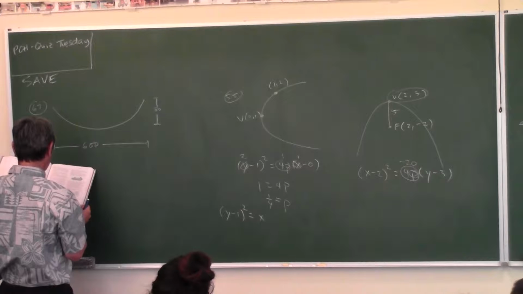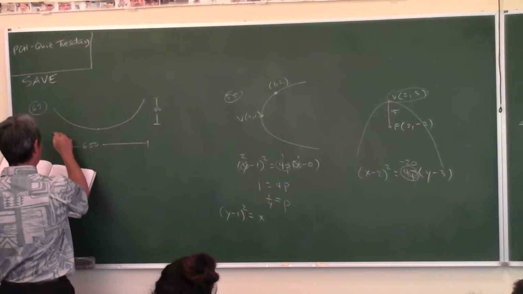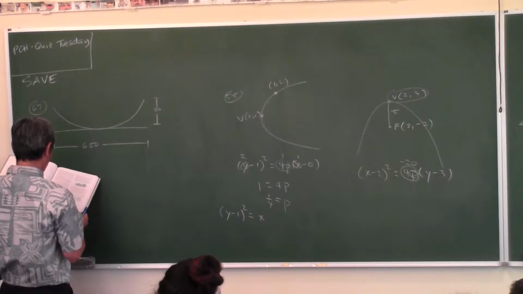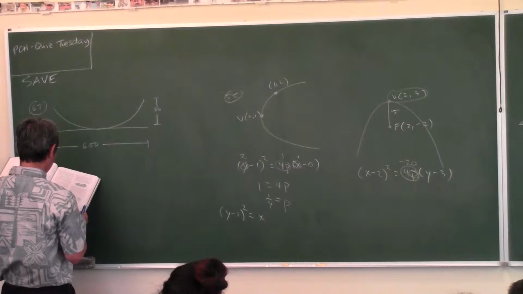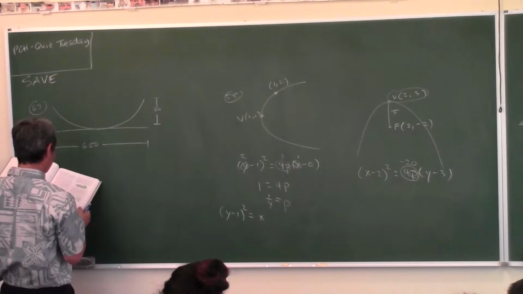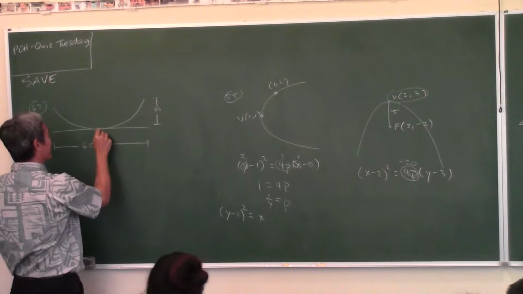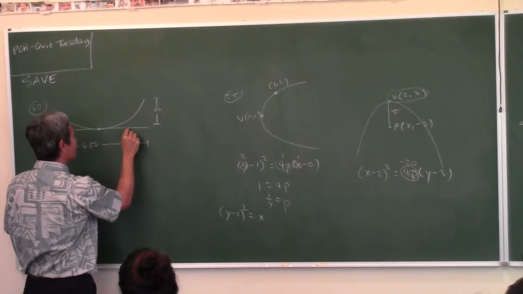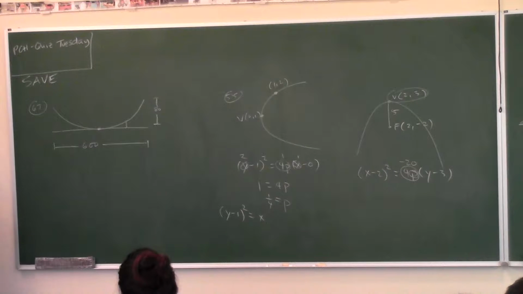The cables touch the road surface midway between the towers, so here's the road. What is the height of the cable from the road at a point 150 feet from the center of the bridge? Okay, so here's the center of the bridge. They're asking, if you go 150 feet this way, how high is the arch right there?